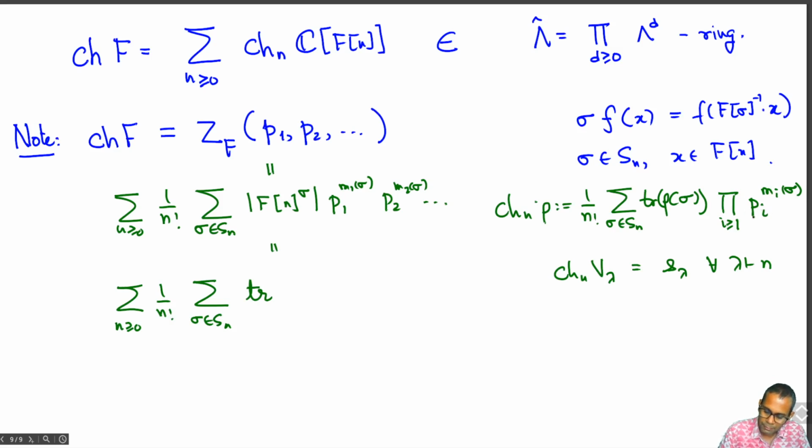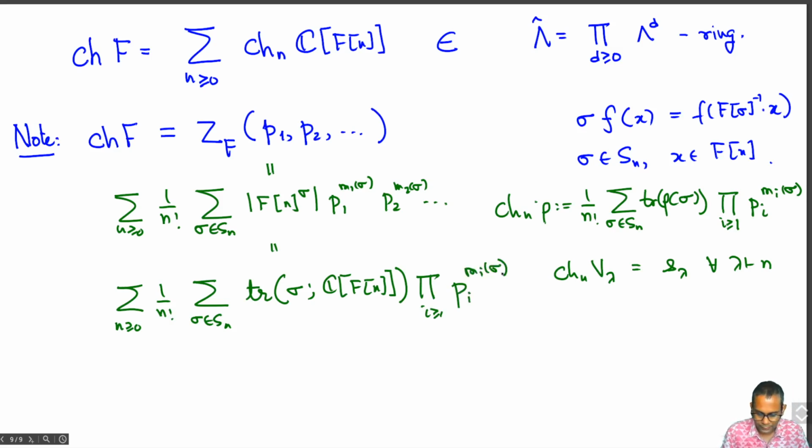So it's the power sum symmetric functions, the weighted average, where the weights are the character of the representation. So this is the trace of sigma on the space C F_n. The trace of a permutation representation is just given by the fixed points. And that's, of course, by definition, the Frobenius characteristic of F.